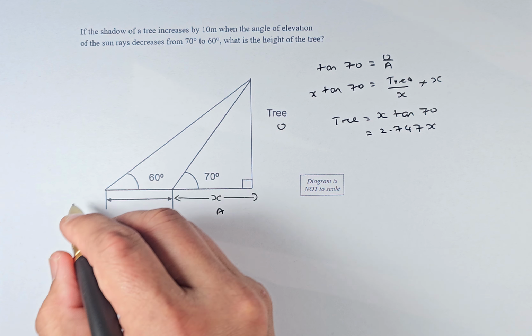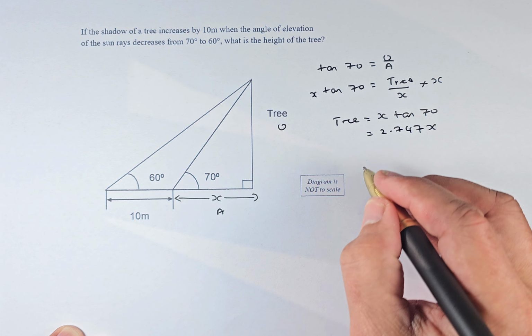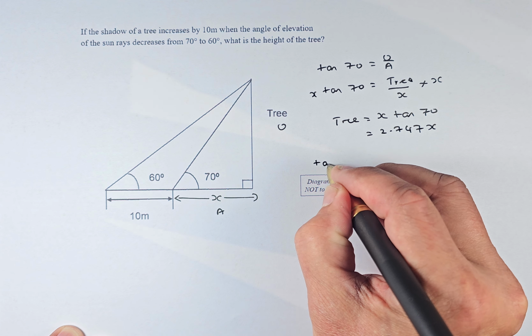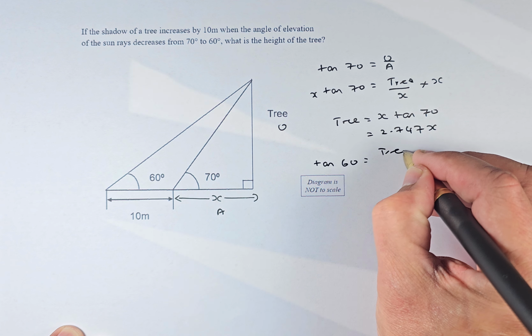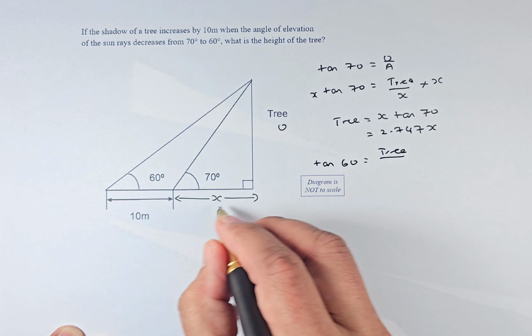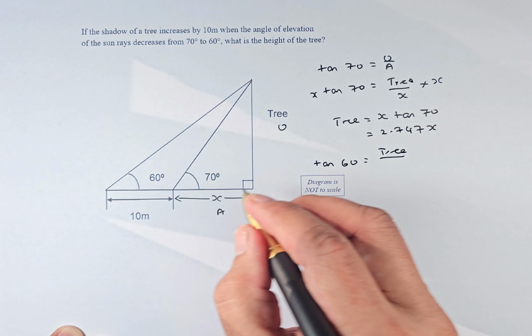Now we're going to do the bigger triangle. Tangent 60 is opposite again over adjacent, so O is 3, and this time the base or the adjacent is going to be 10 plus x.